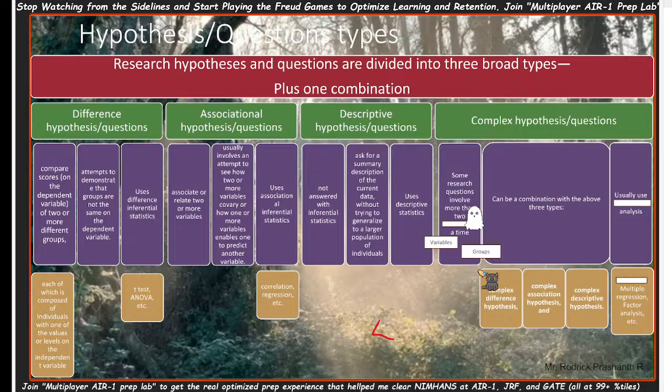And we have a distributive hypothesis, where we talk about several disorders and their distribution in a particular population. That becomes a complex descriptive hypothesis. So MANOVA is for a difference hypothesis that is complex. Multiple regression is based on prediction and association, so it is a complex association.